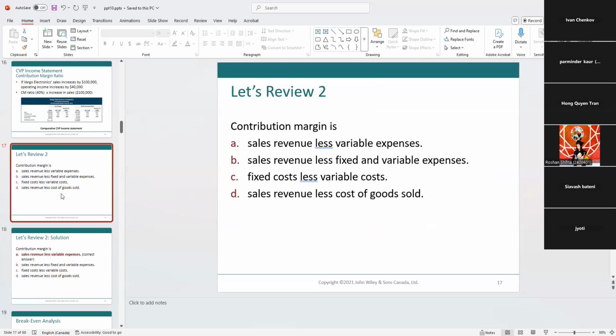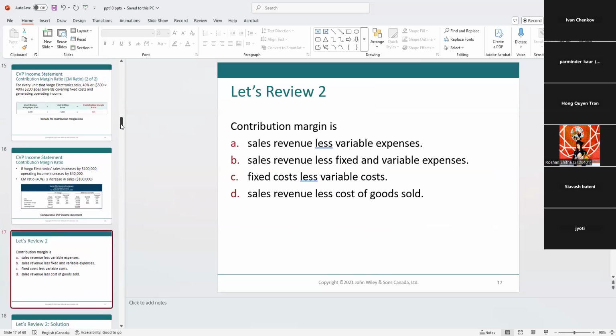Let's see another question here. What's the contribution margin now? Sales revenue minus variable expenses. Yep. Is there anything else? Is it possible my contribution margin is sales minus fixed cost minus variable cost?